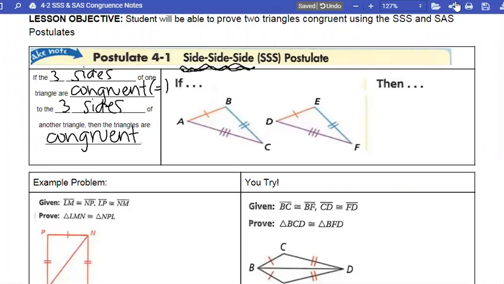Let's say my A would be my number 1. My A is in between the 1 tick mark and the 3 tick mark. Over here, the 1 tick mark and the 3 tick mark would be my D. Then up the 1 tick mark to the B would be my number 2, and up the 1 tick mark to the E would be my number 2. And last, my C and my F would be my number 3.